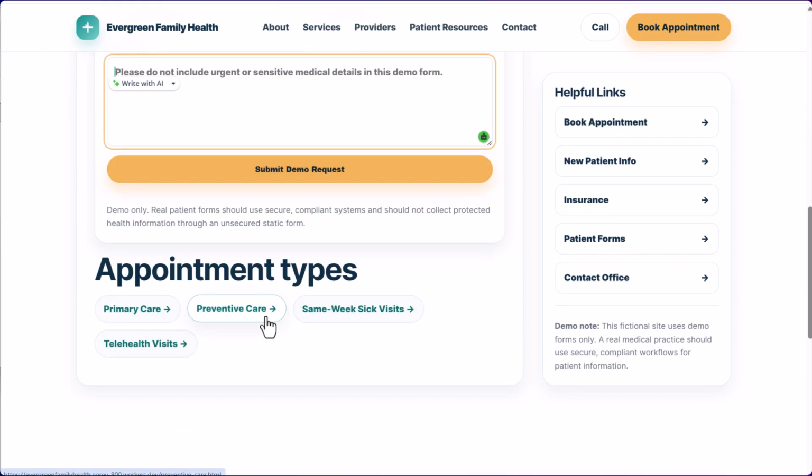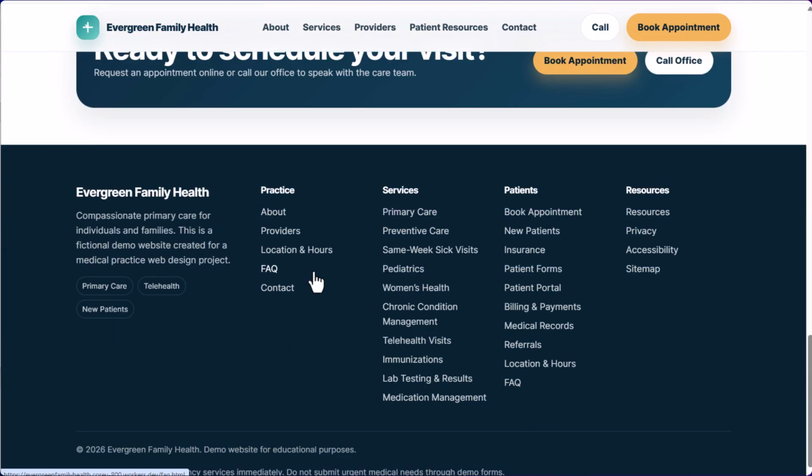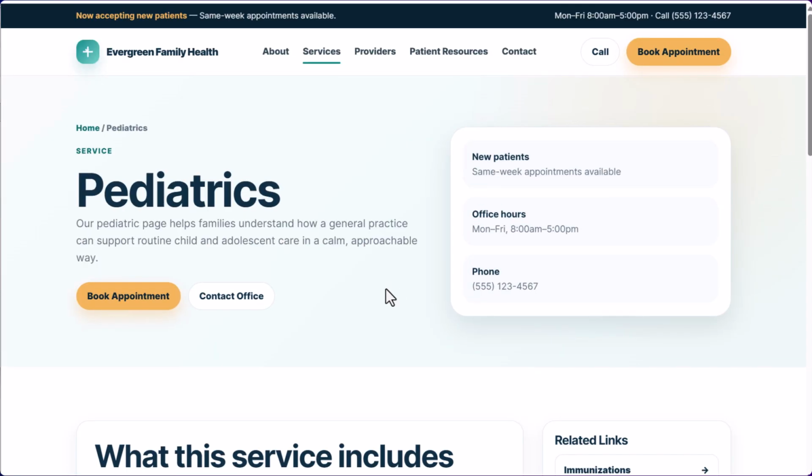Appointment types. When you're building your website, the most important thing is, I've seen a lot of medical websites that are really nice and easy to use, but some of them don't have separate pages for all of these different types of services. So if you do provide pediatrics and you don't have a page for it, when somebody goes to services and there's nothing on your website about pediatrics, they're going to say, I don't think they do it. They're going to look specifically for pediatrics near me, pediatricians near me.